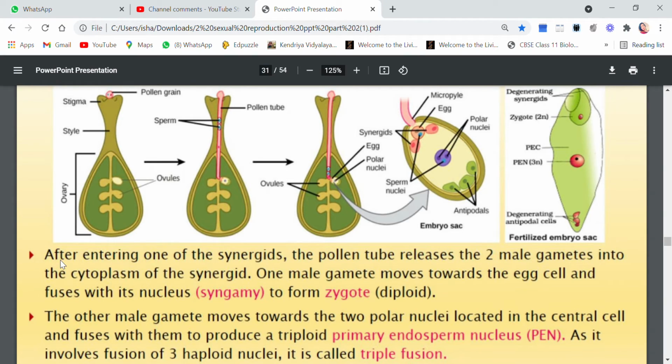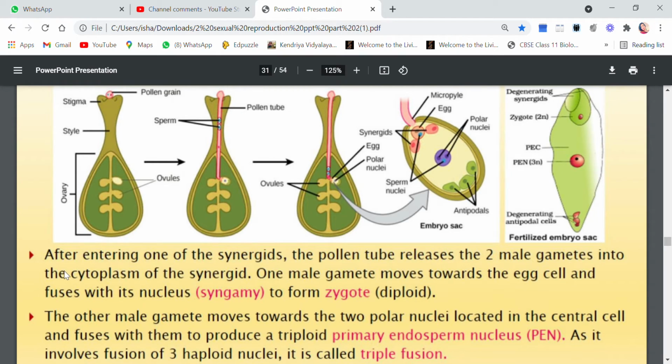Now children, the pollination has been done. Pollen grains have reached the micropylar end through the pollen tube, and there are two male gametes present inside the pollen tube. If you remember, I have taught you that at maturity, 60% of the pollen grains will be shed at the three cell stage and 40% at the two cell stage.